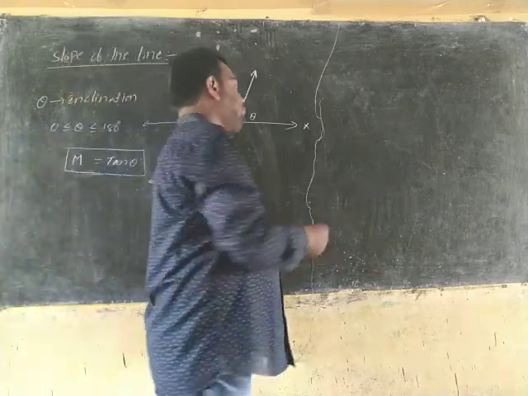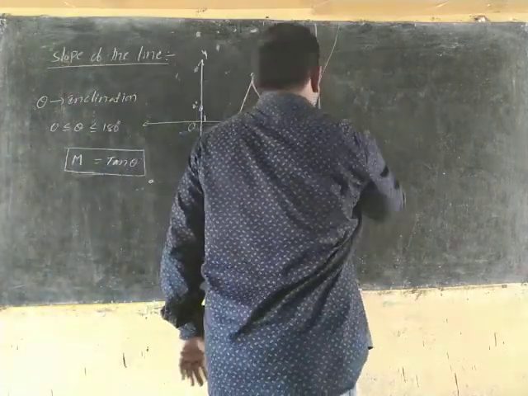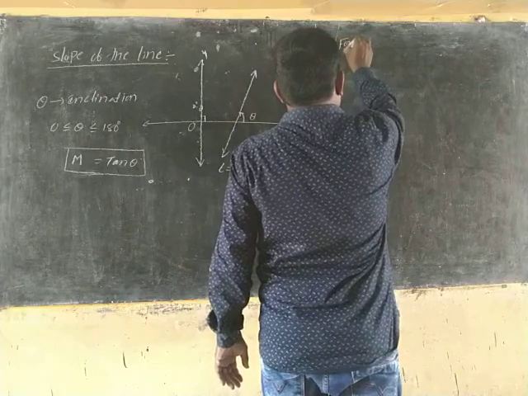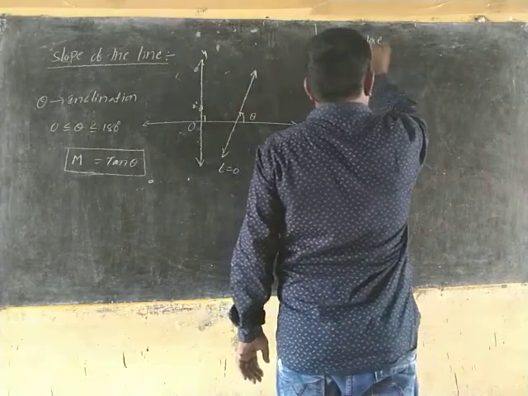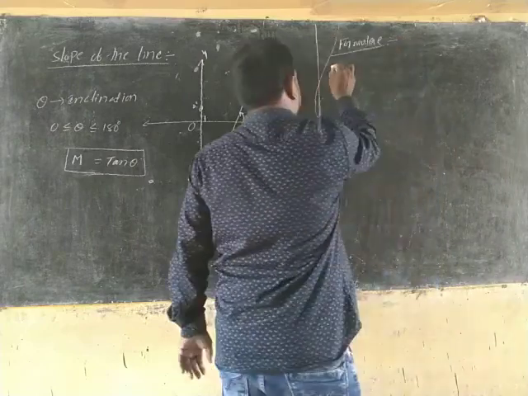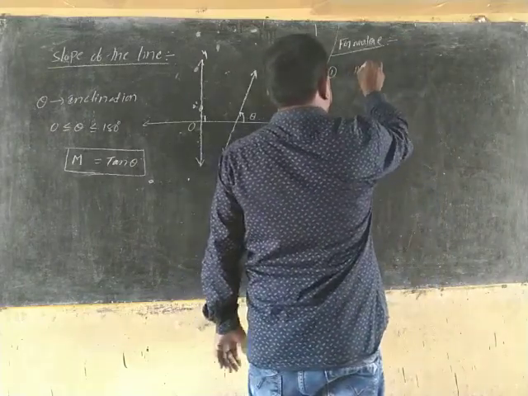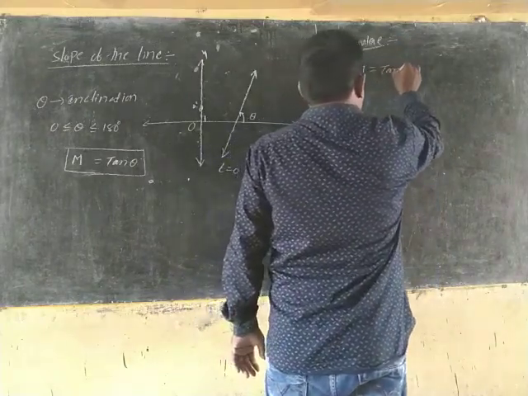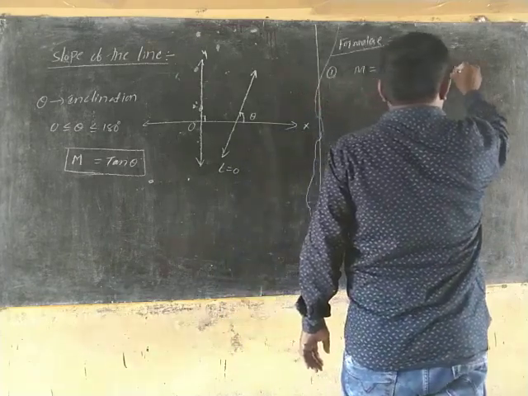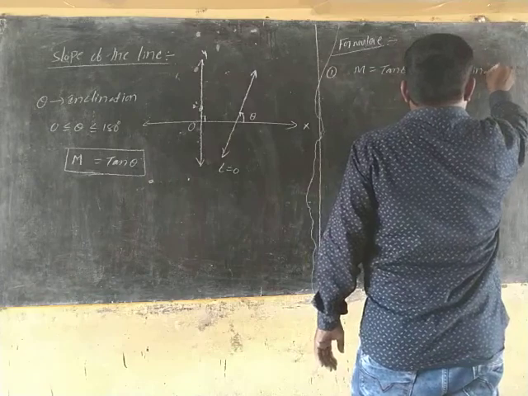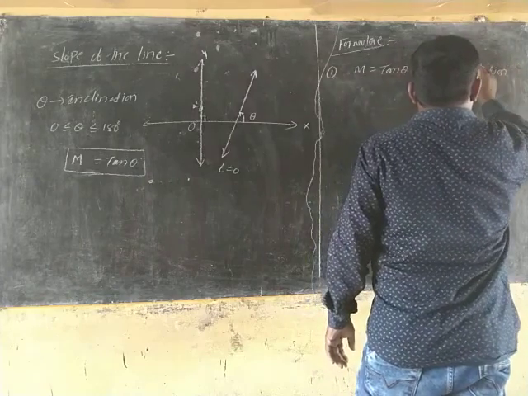You see now. Now write the formulas. First formula, m equals tan theta. Here theta is the inclination. You know the inclination definition already.